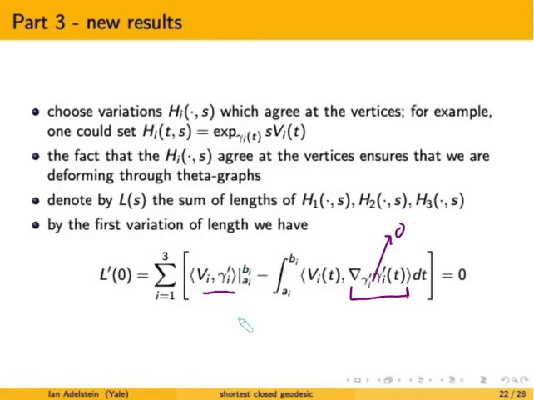So for the theta graph, they meet at 120-degree angles. And so that'll ensure that when we sum over the three edges, the sum of this inner product is actually equal to 0. So indeed, good. The first variation of length is equal to 0, as we would expect at a stationary object. So just a sanity check.